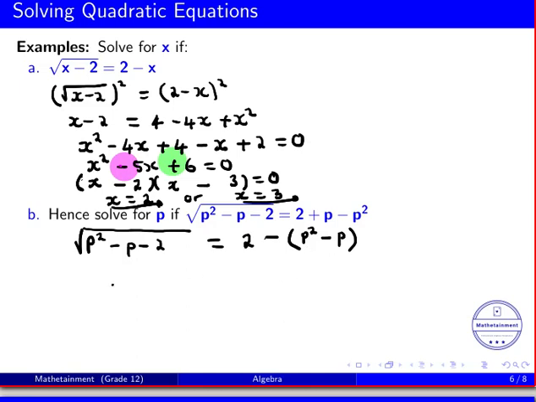You see that here, I'm highlighting p squared minus p.